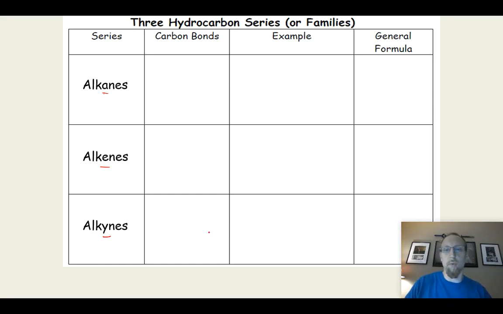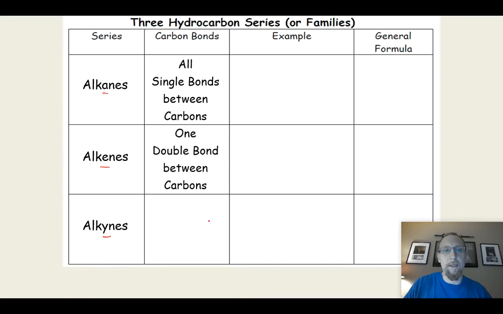The difference is the types of carbon bonds. The alkanes have all single bonds between the carbons. The alkenes have one double bond between the carbons. And the alkynes have one triple bond between the carbons.